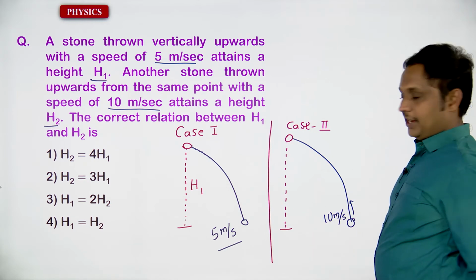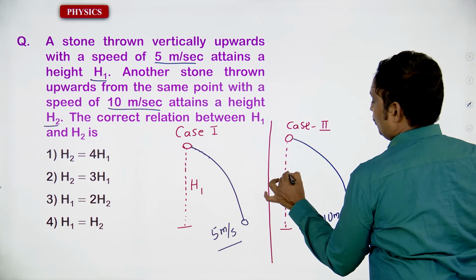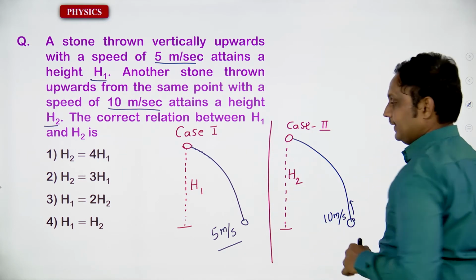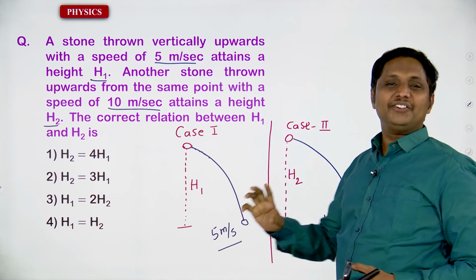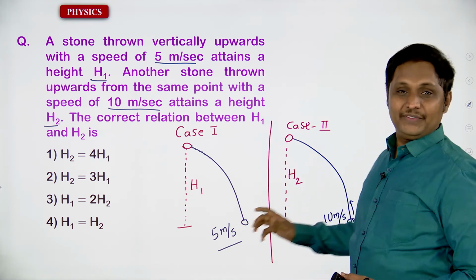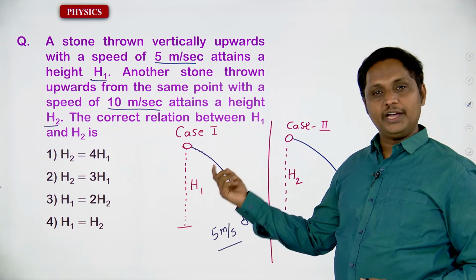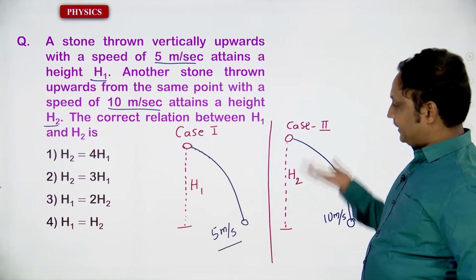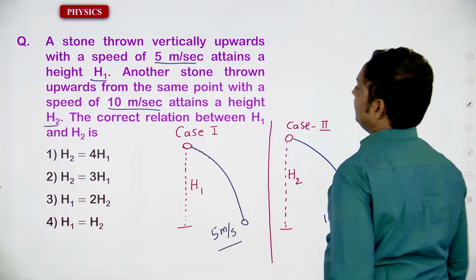This is going to be H2. We may call it the maximum height reached by the second stone, H2, and the maximum height reached by the first stone is H1.